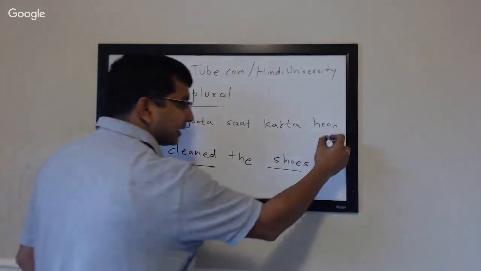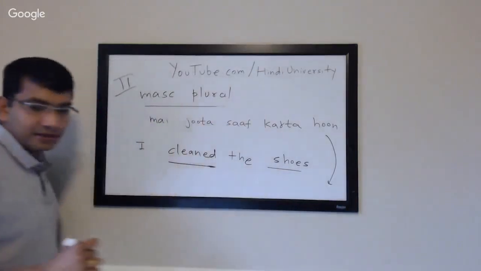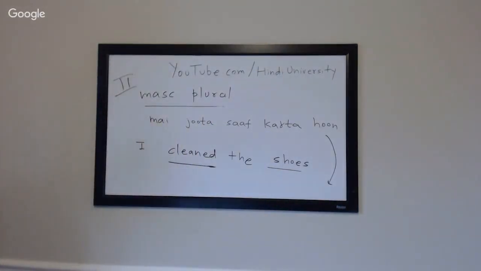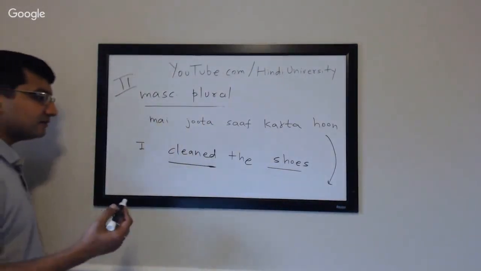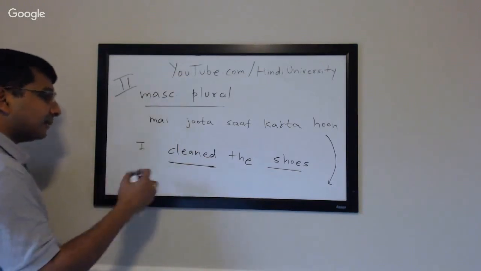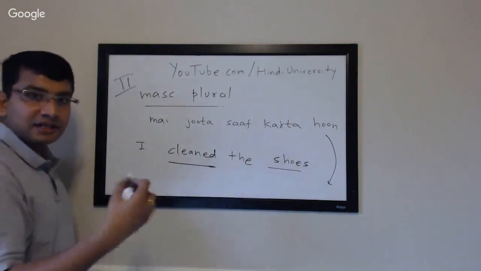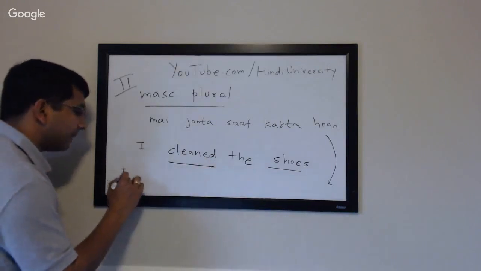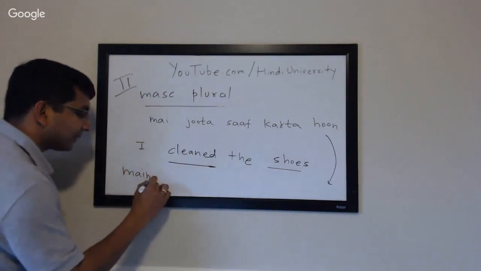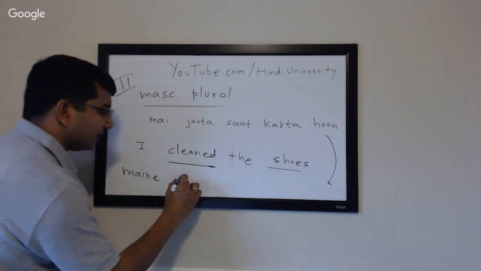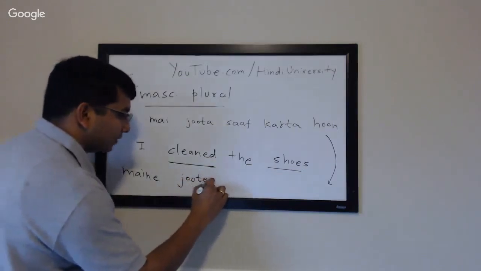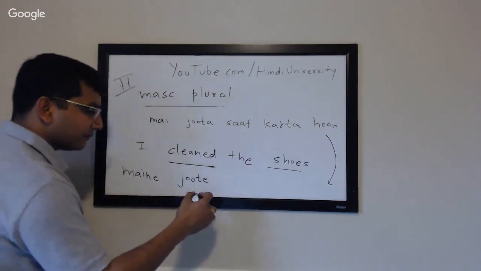All you're doing now is writing the same sentence in the past tense. So let's see. Very good, right? So as you guys figured it out, in the past, where you're saying I clean the shoes rather than I clean the shoe, it will be मैंने जूते, because you're using it as a plural.